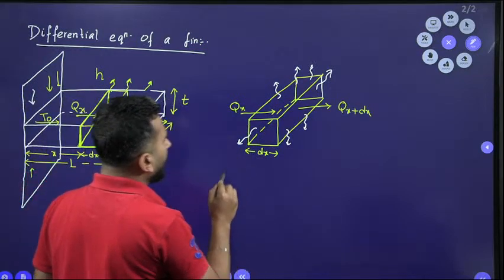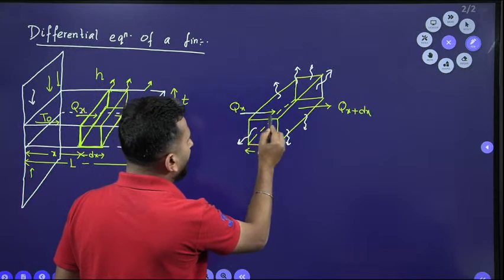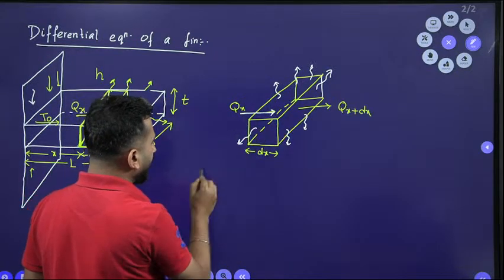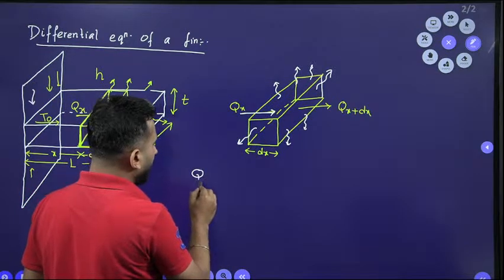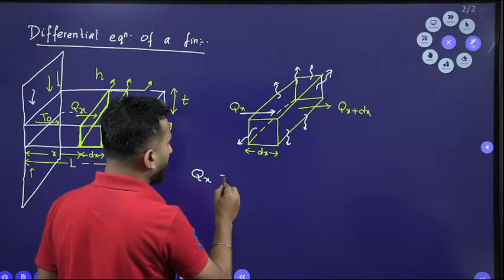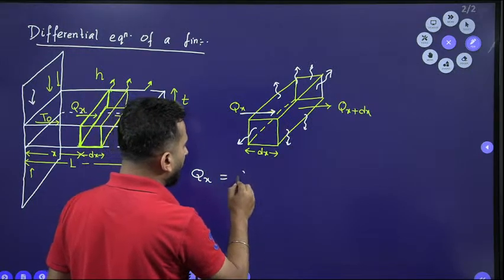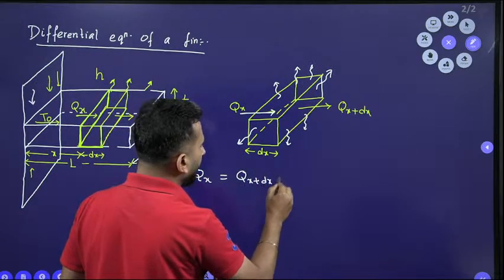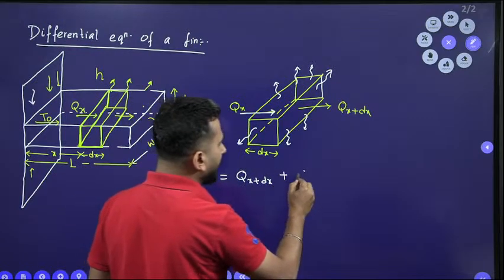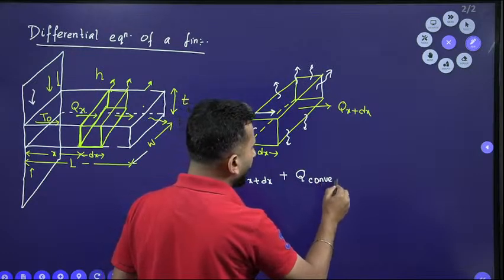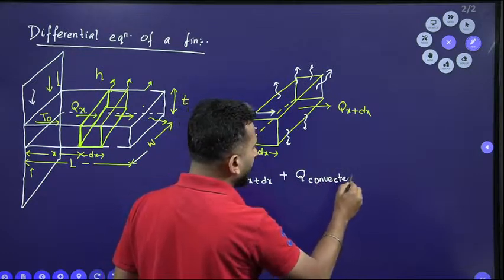Okay. So I will have to apply the energy conservation criteria. Energy is entering at this face, and what is going out? So I have to apply an equal to sign. What is going out is q at x plus dx, plus the total energy convected from the 4 surfaces.